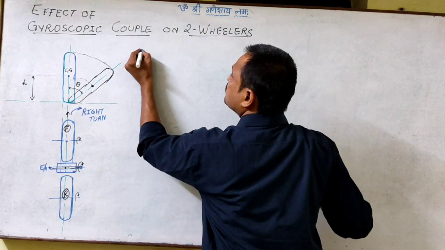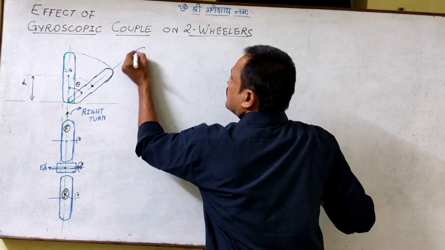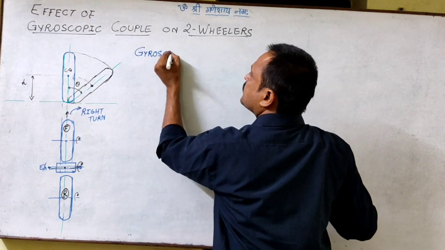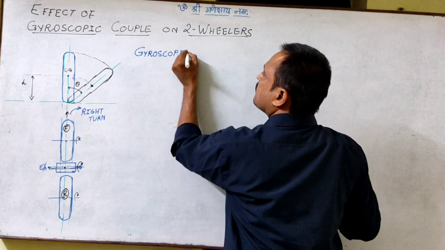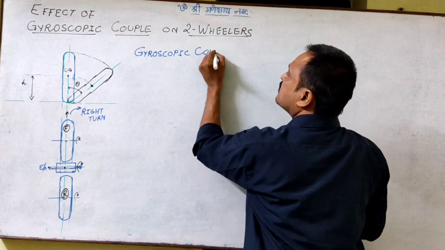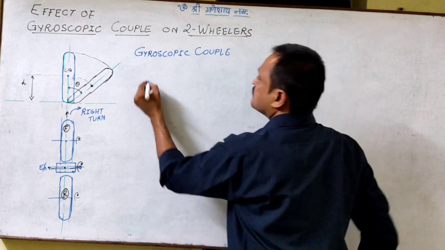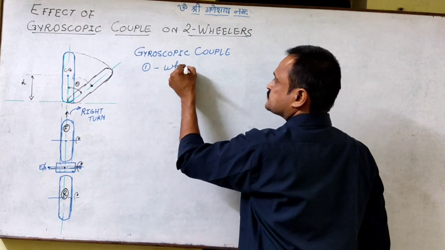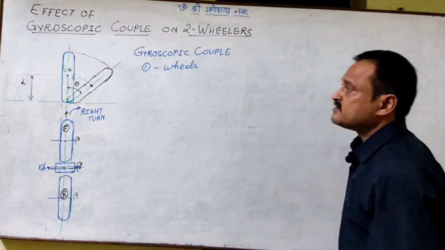So first I'll have to find out the gyroscopic couple. It will be one, definitely due to the wheels, right? How many wheels?